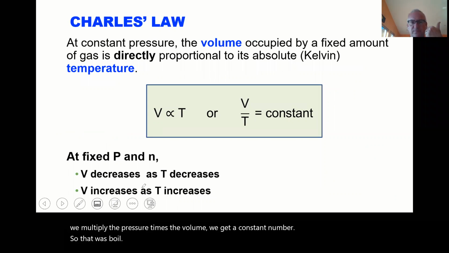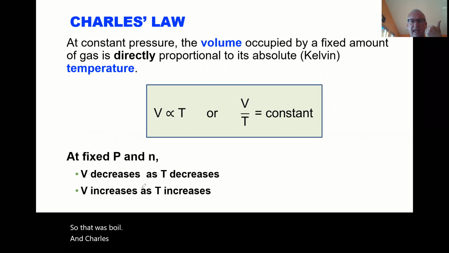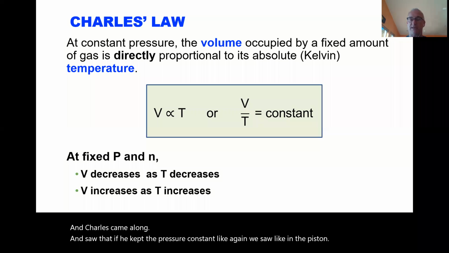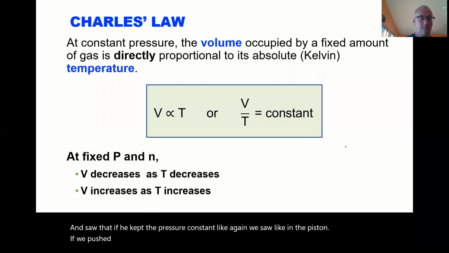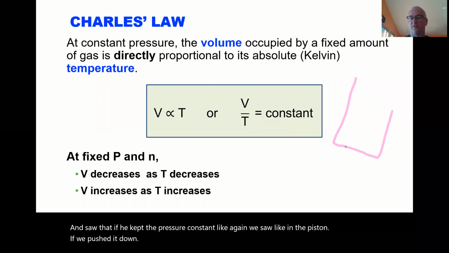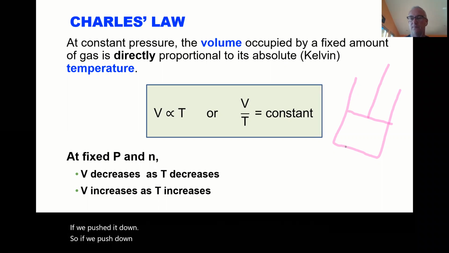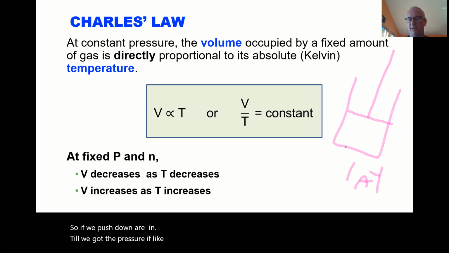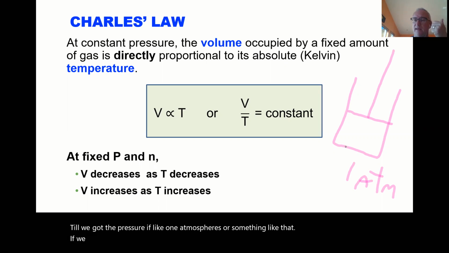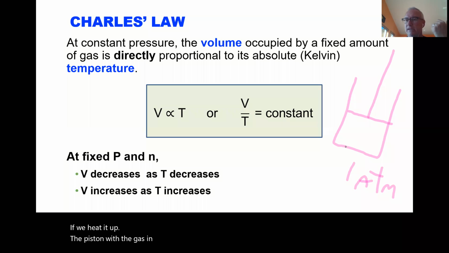Then Charles came along and saw that if you kept the pressure constant, like in the piston, if we pushed down our piston till we got the pressure to like 1 atmosphere or something like that, and then heated up the piston with the gas in it, the volume would increase, right?